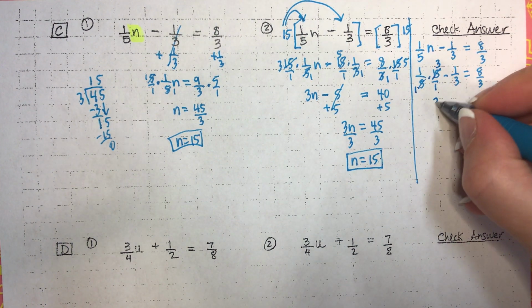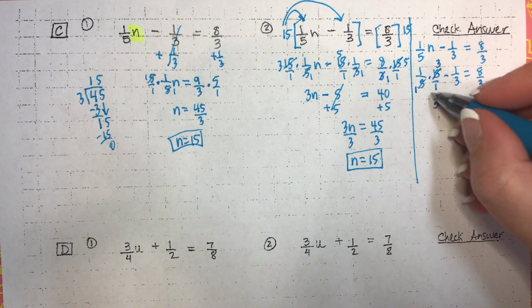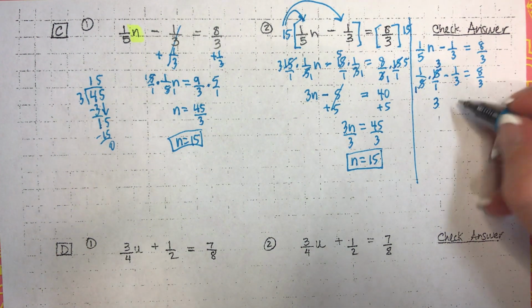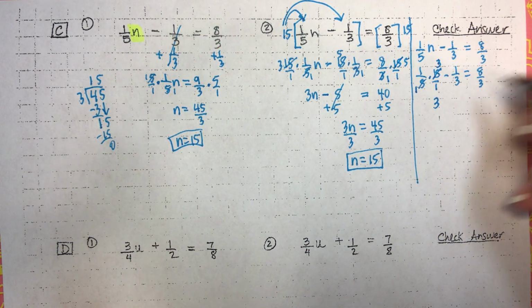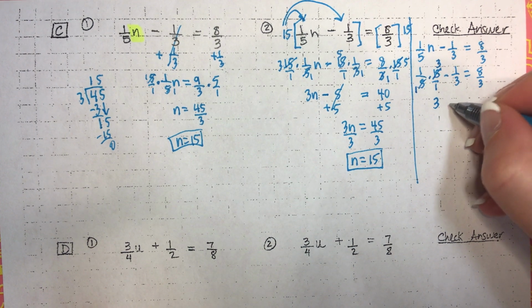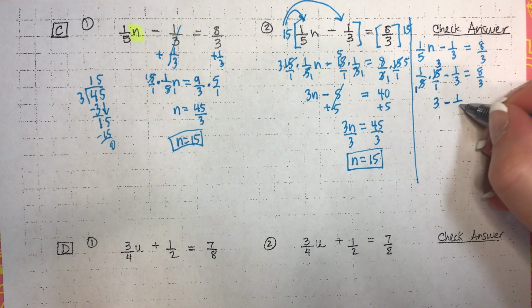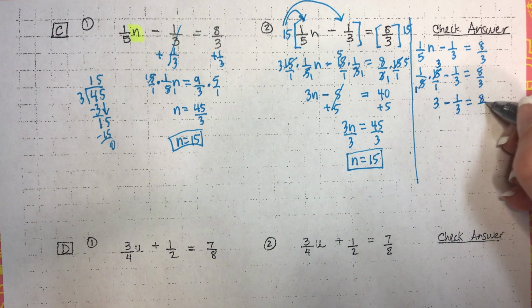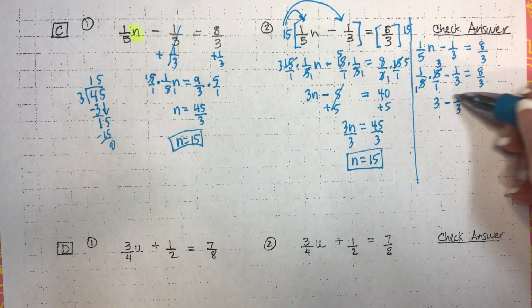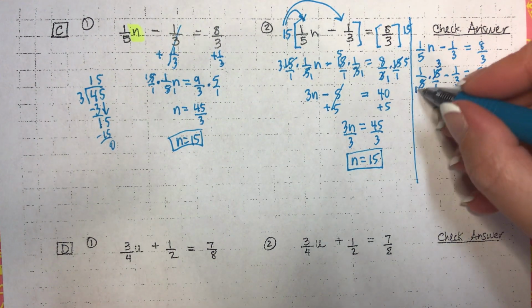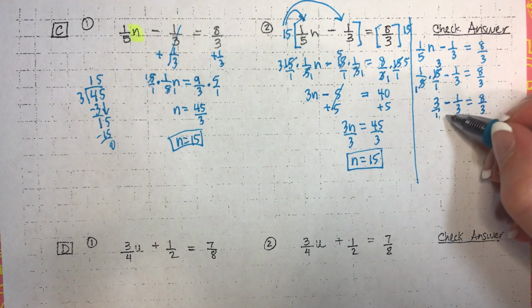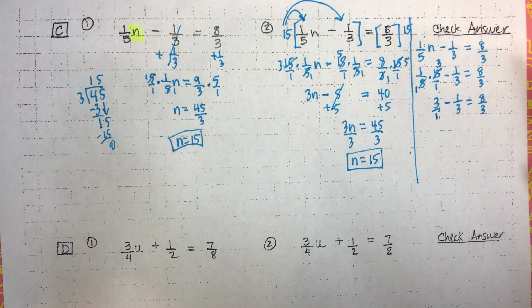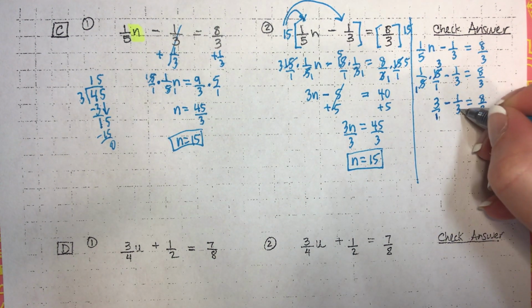Then we multiply across. 1 times 3 is 3, and on the bottom, 1 times 1, so 3 over 1, same thing as 3. Minus 1/3 equals 8/3. Okay, now I need to simplify this. So I'm actually going to make it 3 over 1 because I need to get a common denominator. The common denominator between 1 and 3 would be 3. This is already a 3, so we're good.